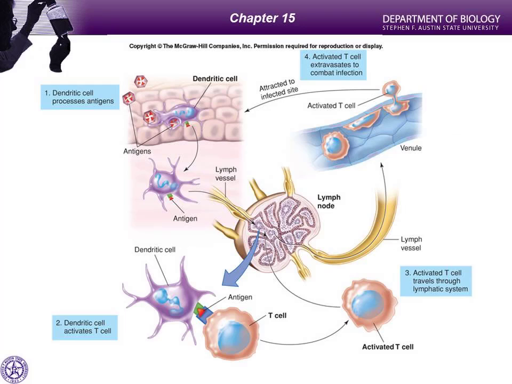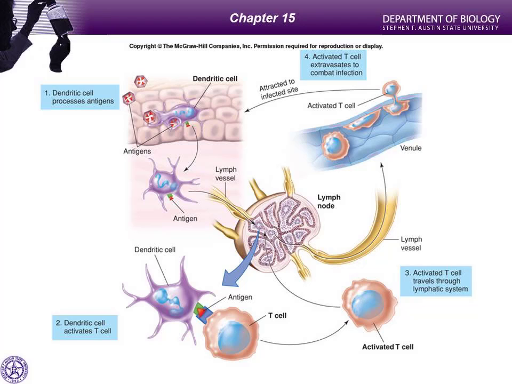In this illustration, we start in the upper left. Number one, we see an antigen-presenting cell in the skin. We refer to them as dendritic cells. They're phagocytosing a pathogen. They're displaying an antigen on their surface. And what we then see is that these cells migrate into one of our lymphoid organs, where our lymphocytes are going to reside. This is a lymph node. We have a high population of T lymphocytes as well as Bs.